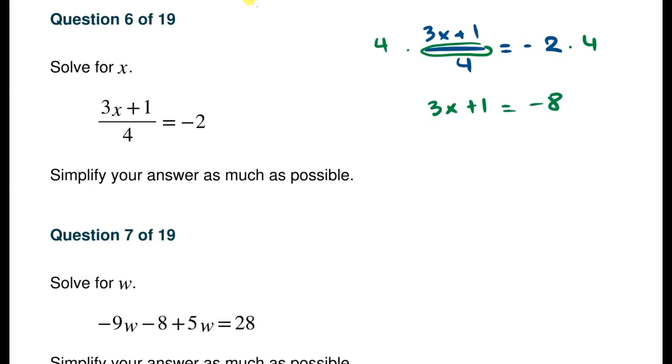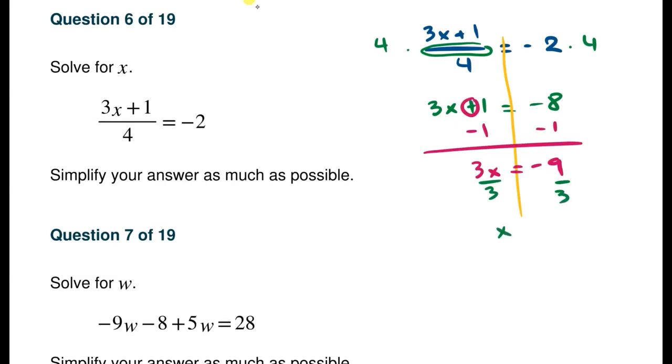Then to solve for x, we're going to subtract 1 on both sides. 3x equal to -9. And then we're going to divide by 3 on both sides. x equal to -3. That's it for number 6.